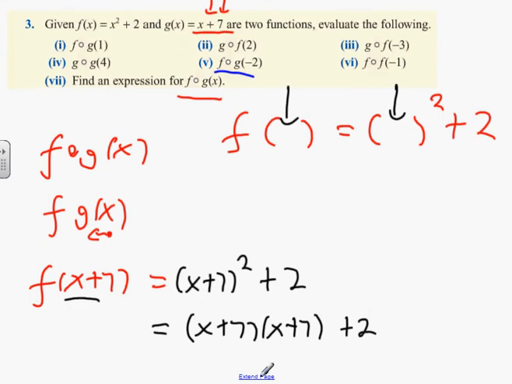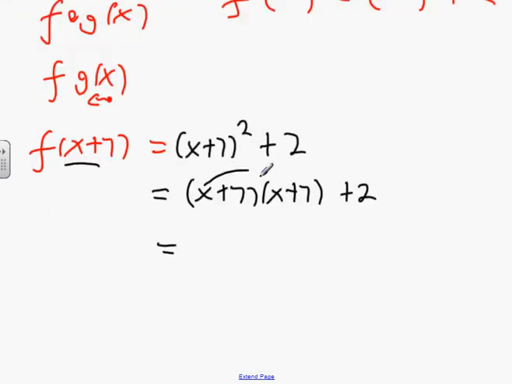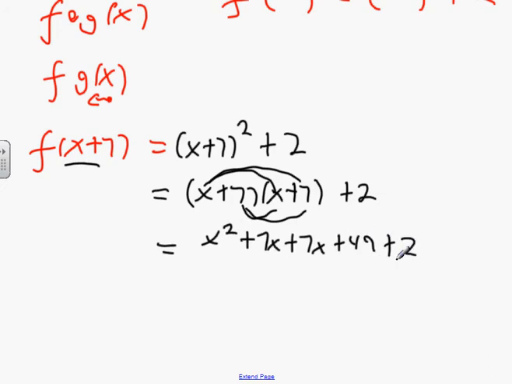Then once we're done with that, multiply it out. X squared, after that 7x, and then 7x again, then 49 plus your 2, and then you might be asked x squared plus 14x plus 51.